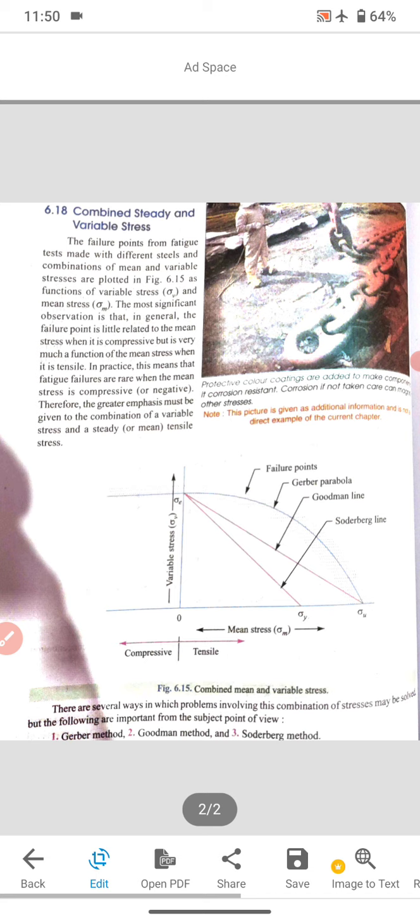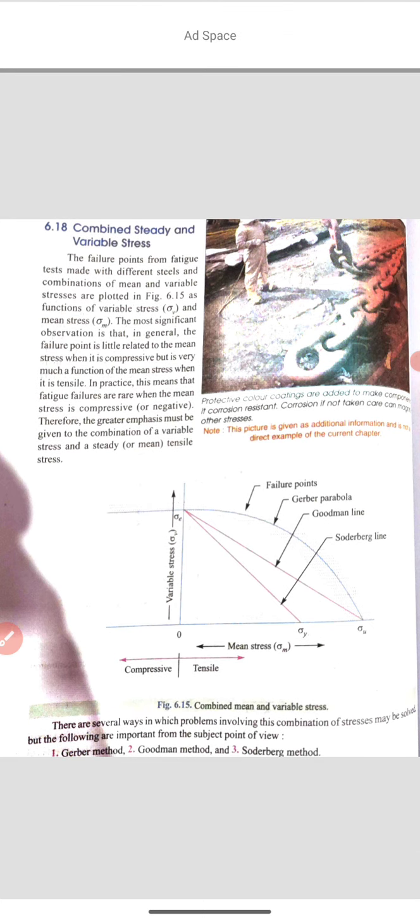Obviously, on the y-axis the Soderbergh line starts from the sigma e value, but on the x-axis, that is the mean stress line, sigma y will be the ending criteria, the failure stress on the mean stress line.